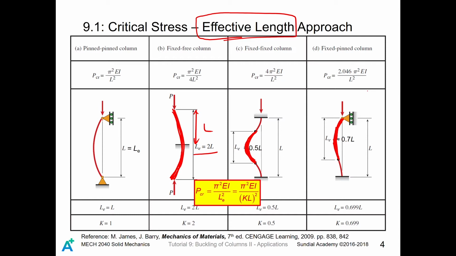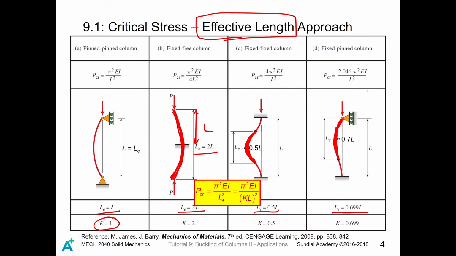To make it clear, the effective length for the pinned column is L, for the fixed free column it is 2L, for the fixed column it is 0.5 L, and for the fixed pinned column it is 0.699, which is approximately 0.7 L. The number K here is just an effective length factor telling us the ratio between the effective length and the original length.